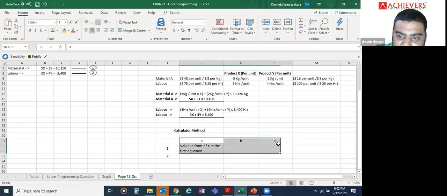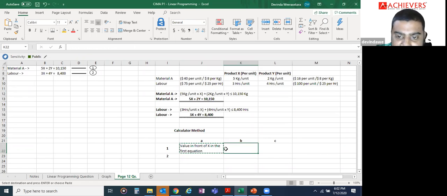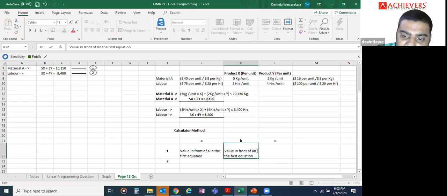A1 is called value in front of X in the first equation. Clear? Then B1 means value in front of Y in the first equation, right?